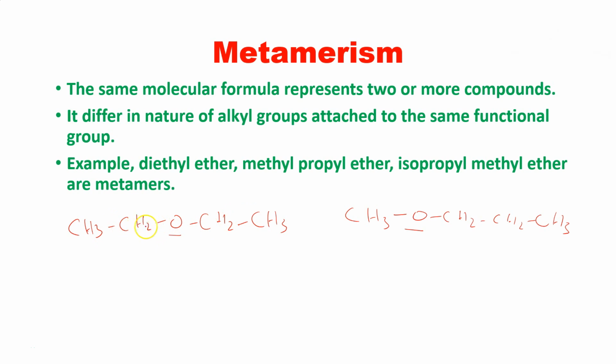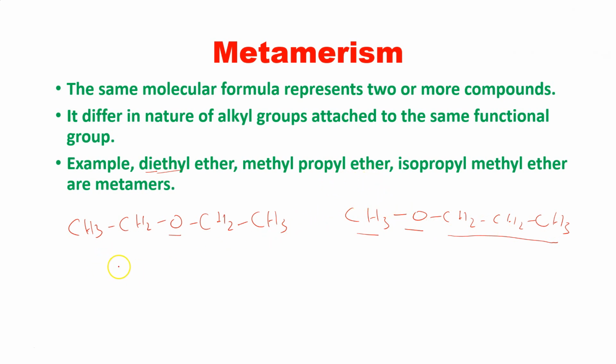And the chain on either side of the functional group is different. So here it is having C2H5, or we can say ethyl, and it is di, means on both sides it is having ethyl, so that is why diethyl. And in the case of methyl propyl ether, see this methyl group is on one side of the functional group, that is oxygen, ether, and here it is propyl, and in between is the functional group, that is ether.